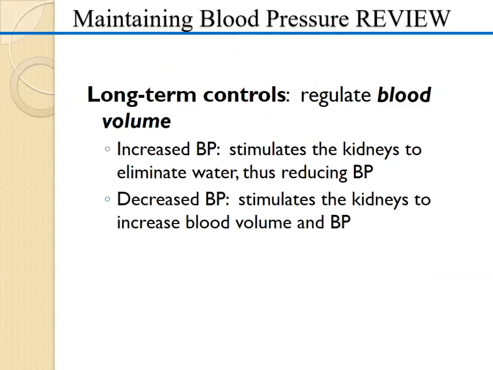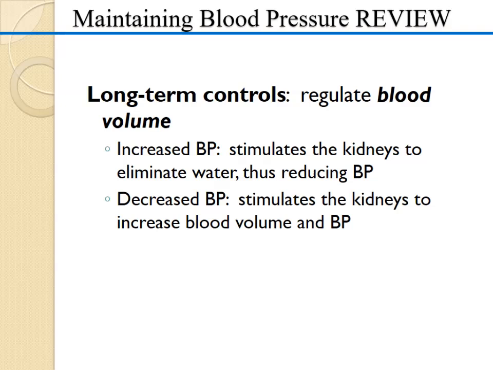So these are more review slides here. Long-term controls again, regulating blood volume with increased BP, stimulating the kidneys to eliminate water, thus reducing BP. Another long-term control for decreased blood pressure, it stimulates the kidney to increase blood volume, which means retaining.